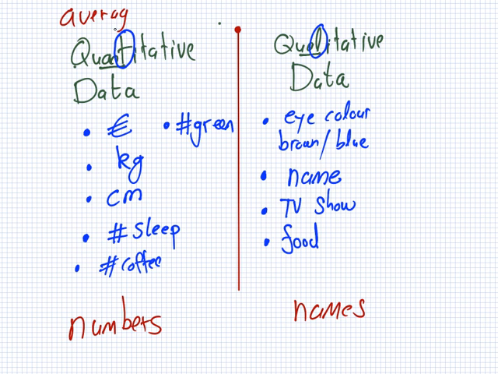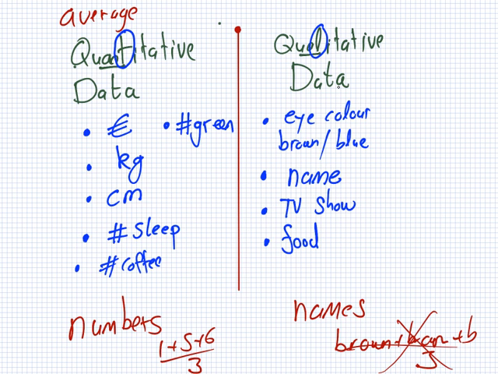You know this word average? You could do 1 plus 5 plus 6 over 3, but you can't do brown plus brown plus brown over 3. So you can't do things like average on qualitative, only on quantitative.